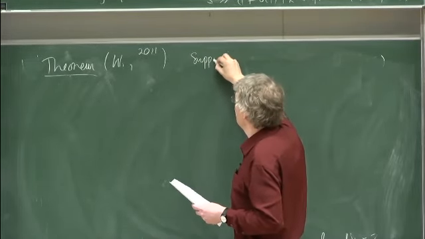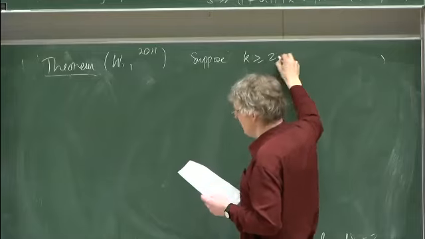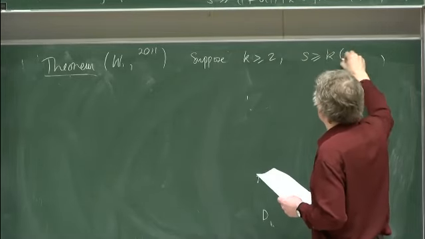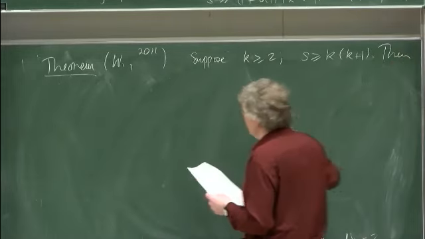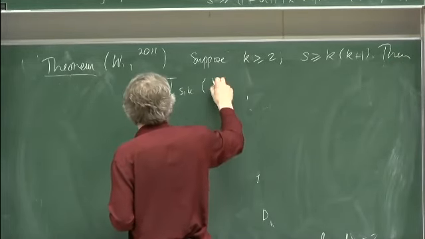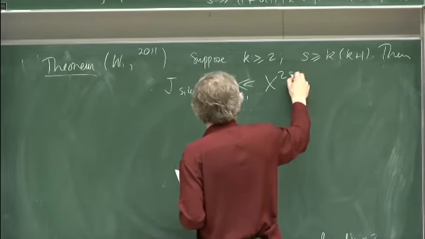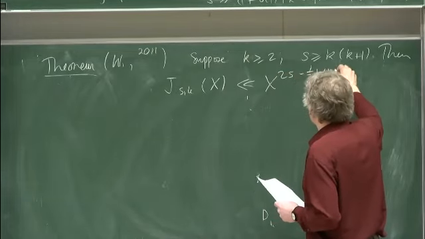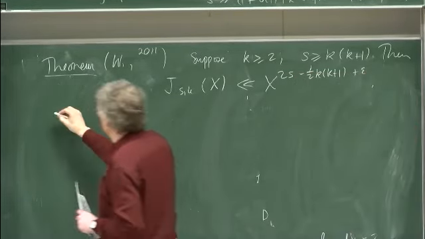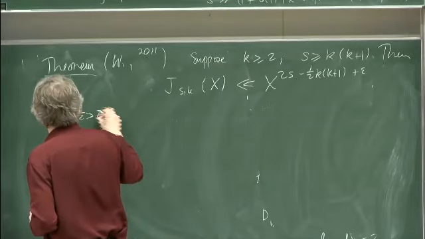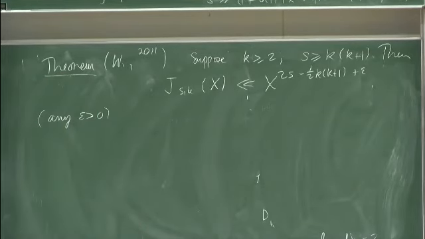And the theorem is that if k is at least 2, s is at least k times k plus 1, then you have an upper bound in Vinogradov's mean value theorem where you get rid of this eta altogether. So eta is more or less 0 if you have k times k plus 1 variables.